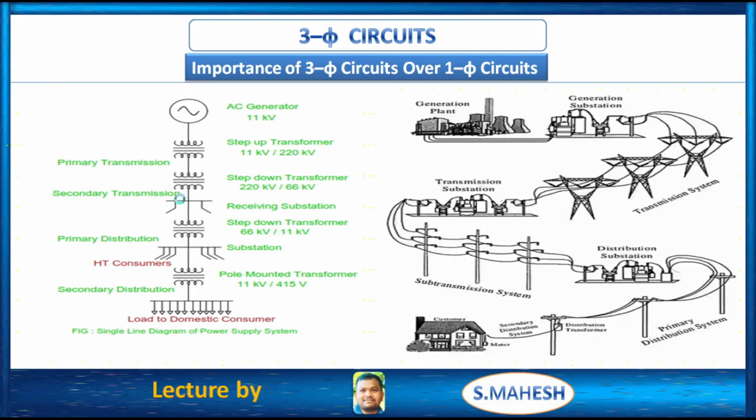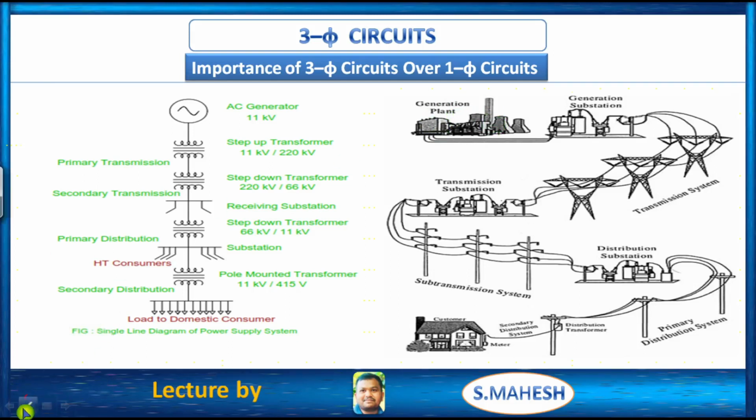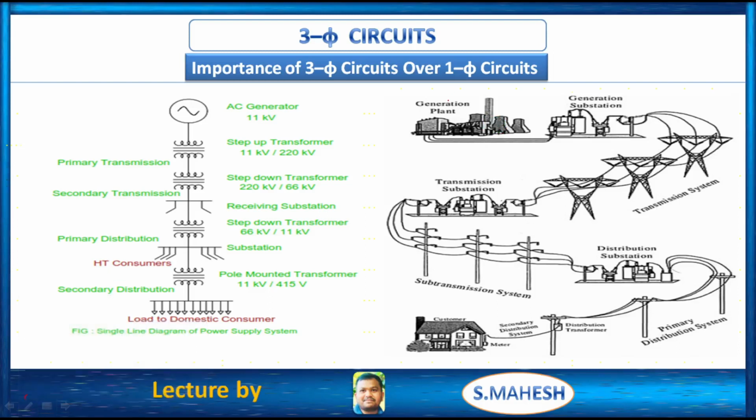To get a clear idea, see, this is the power plant. From this power plant we can generate 11 kV of voltage. For example, in KTPS, in that power plant we have 11 kV of voltage, three phase.